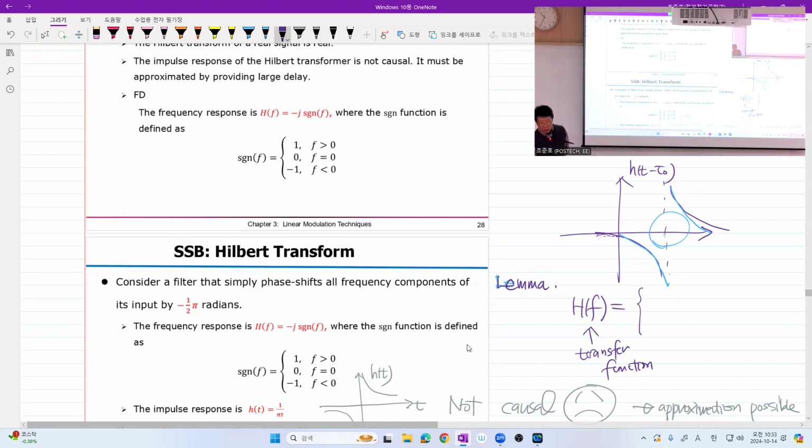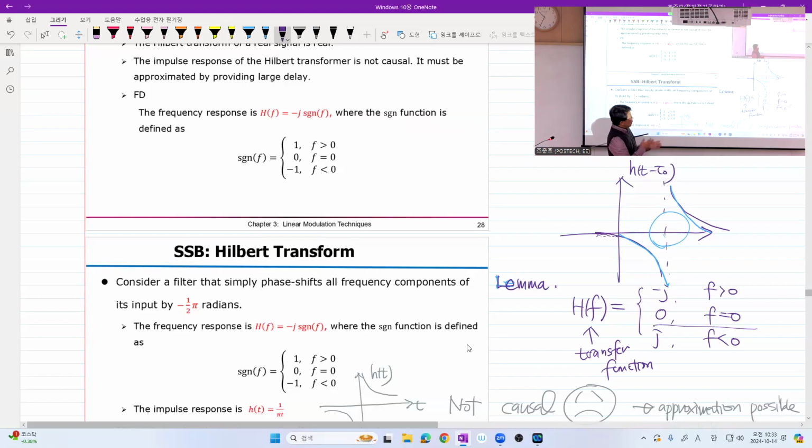What is it? It's very tricky, but you can find it from the table of Fourier transforms. It's something like this: negative j for f positive, j for f negative. And if you define the Fourier transform precisely as a Fourier-Plancherel transform, you can show that here you have this. But this is not that important.